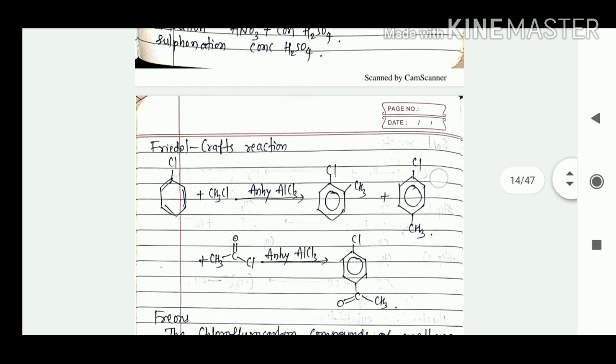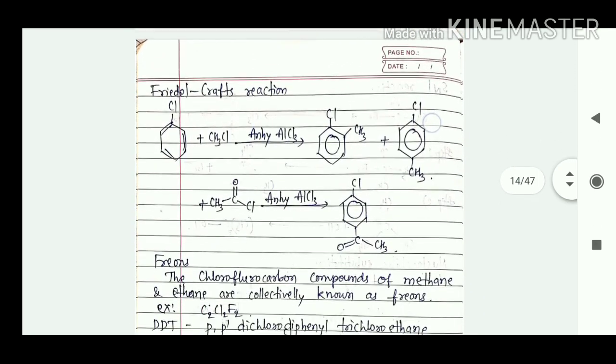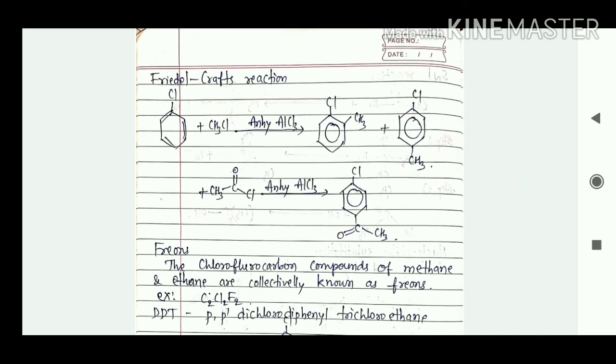Then here we are going to consider the Friedel-Crafts reaction. Sorry, the previous reaction is just a chlorination reaction, but here we are going to consider the actual Friedel-Crafts reaction. First we consider chlorobenzene with an alkyl chloride in presence of anhydrous AlCl3.